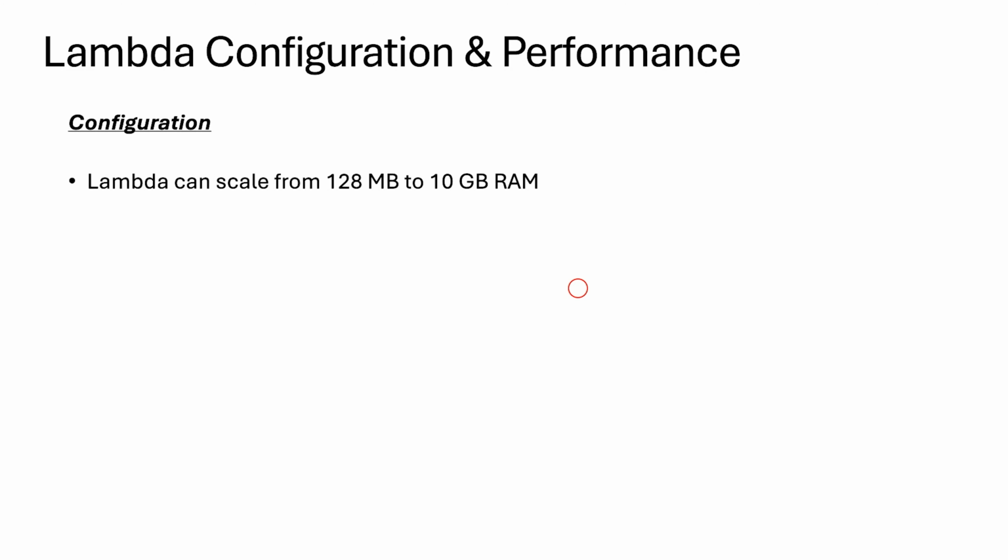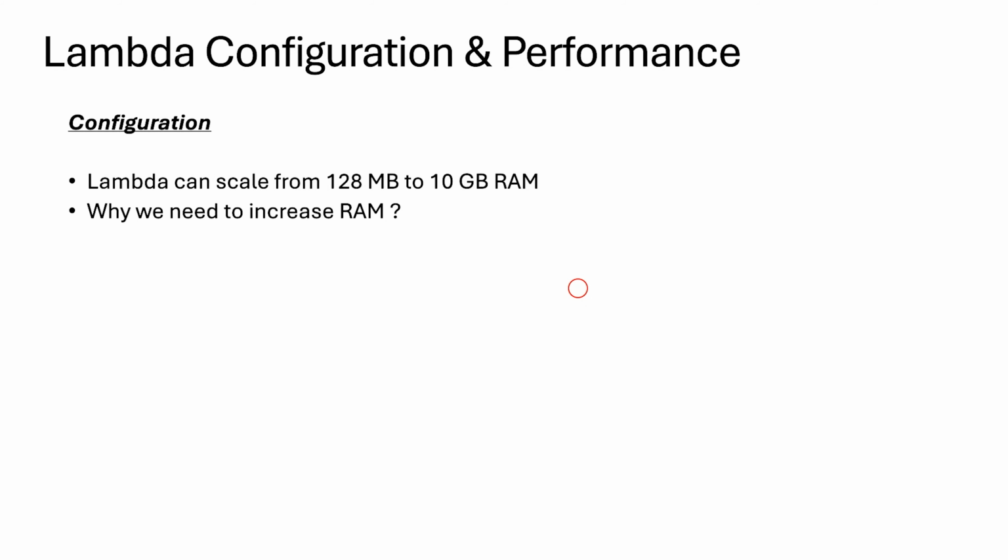It could be around 128 MB or it could be 10 GB. You can increase your Lambda's RAM from 128 MB to 10 GB in 1 MB increments. For example, from 128 MB, you can increase to 129 MB, 130 MB, like that up to 10 GB.